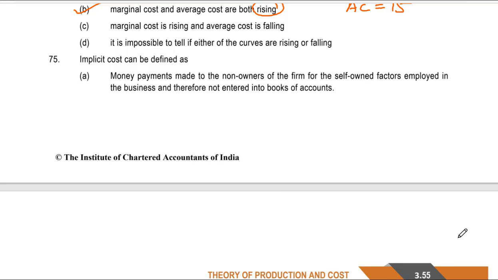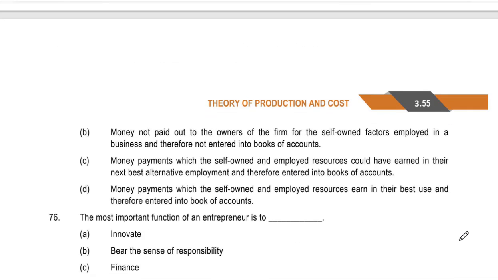75. Implicit cost can be defined as A. Money payments made to the non-owners of the firm for self-owned factors employed in the business and therefore not entered into the books of accounts. B. Money not paid out to the owners of the firm for the self-owned factors employed in the business and therefore not entered in the books of accounts.